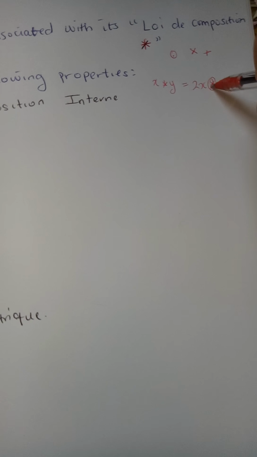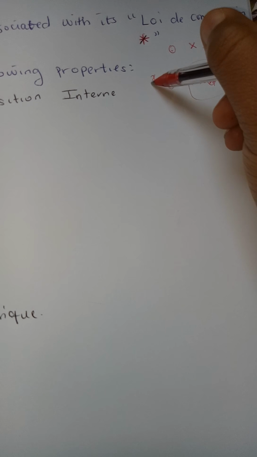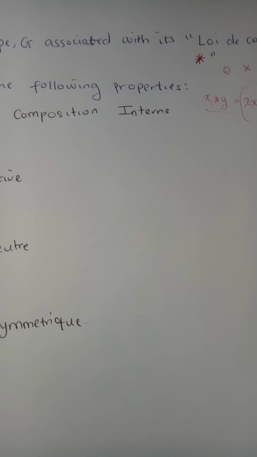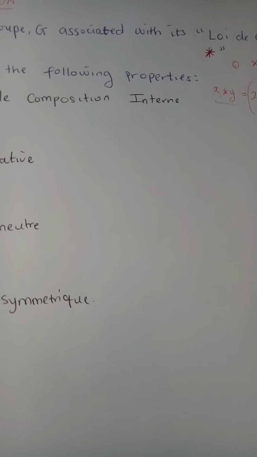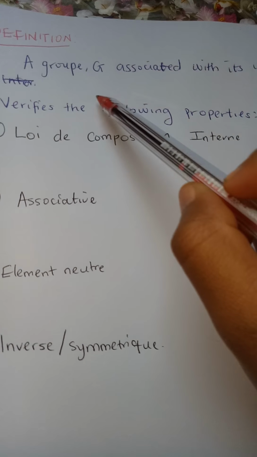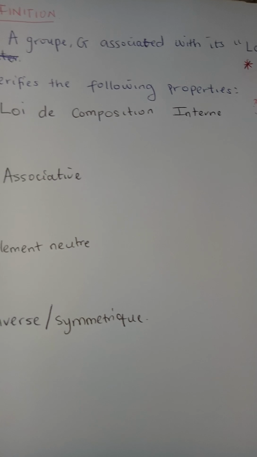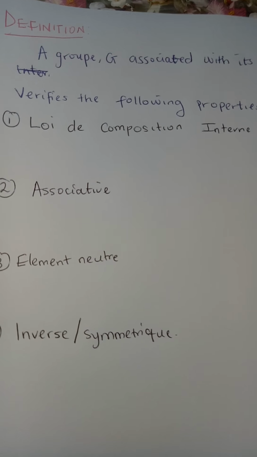The whole idea is that this loi will be defined for you with something like this. So that's why we just call it a loi. It might not be the normal multiplication, it's just a loi. So a group G associated with its loi de composition verifies the following properties.